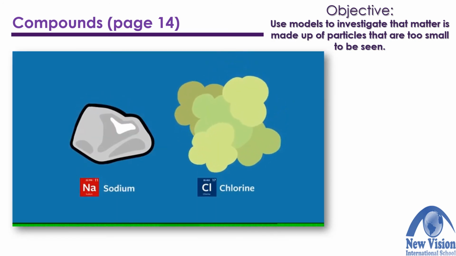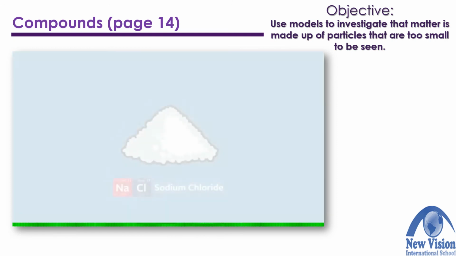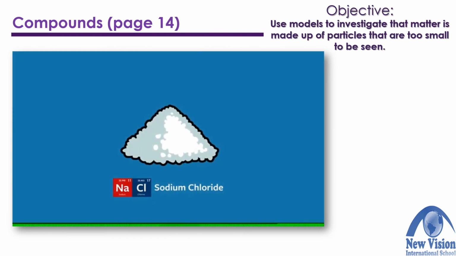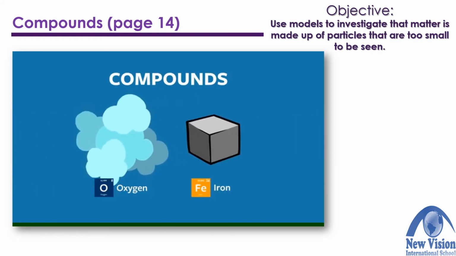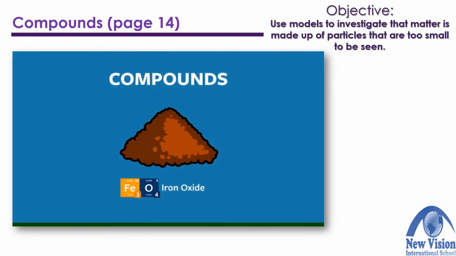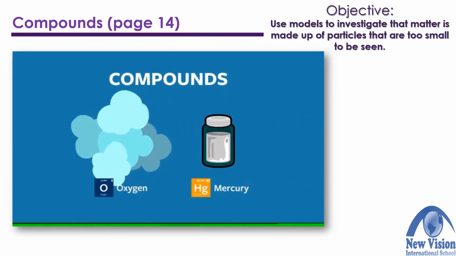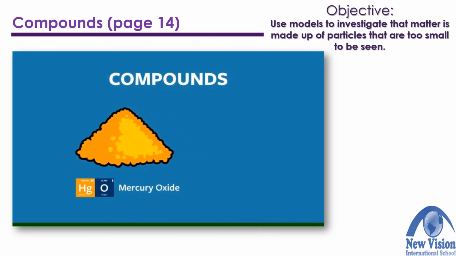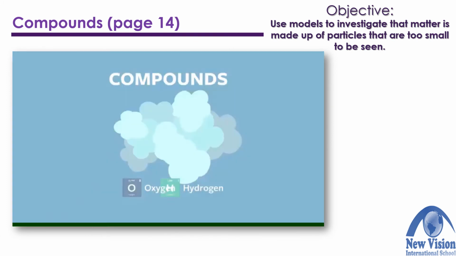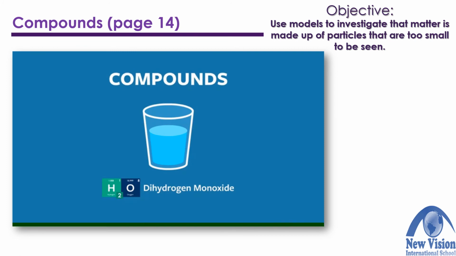Sodium and chlorine can mix and form table salt. Table salt is an example of a compound. Oxygen and iron will form iron oxide, which is rust. Oxygen and mercury can form mercury oxide, which is toxic. Oxygen and hydrogen can form dihydrogen monoxide, or what we call water.